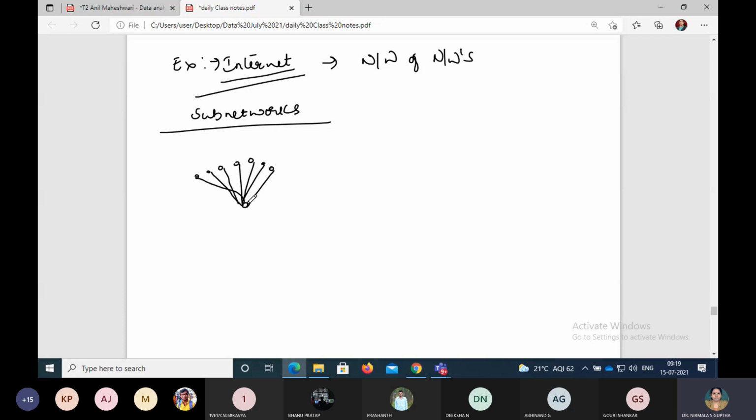Similarly, the same nodes can also be used to connect with another subnetwork, something like this. And even these can also be connected, something like this. So a mesh kind of complete structure will be defined as a network with distinct subnetworks.